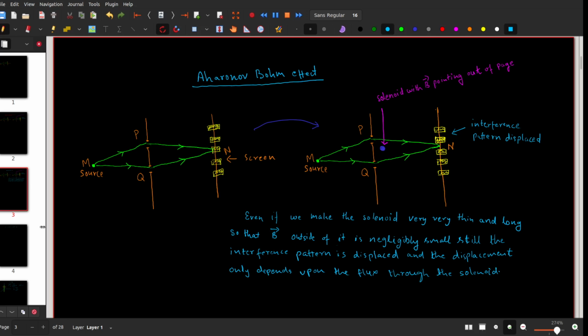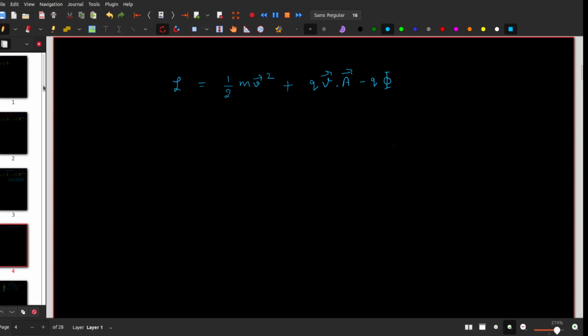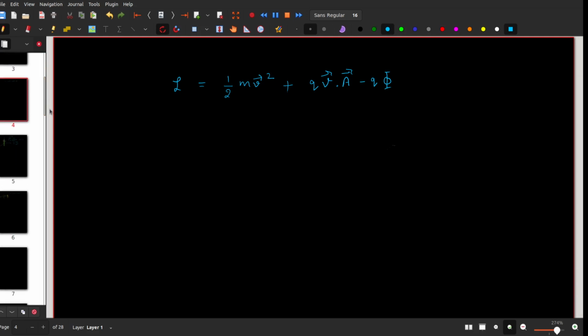To understand this effect, recall that the Lagrangian of a charged particle in the presence of an electric and magnetic field depends on the vector potential and the scalar potential. It does not directly depend on the electric and magnetic fields themselves, but depends on the potentials.